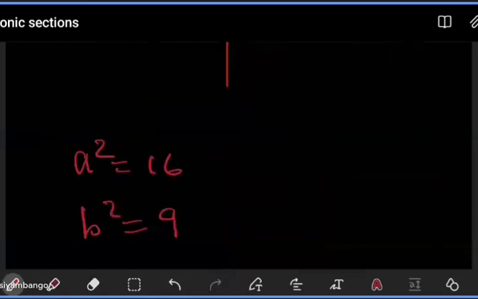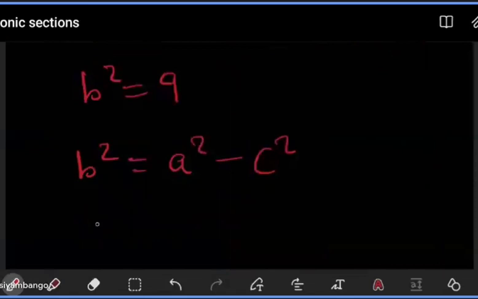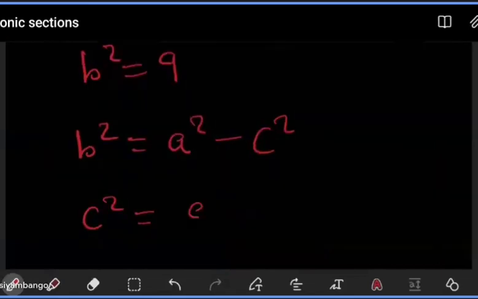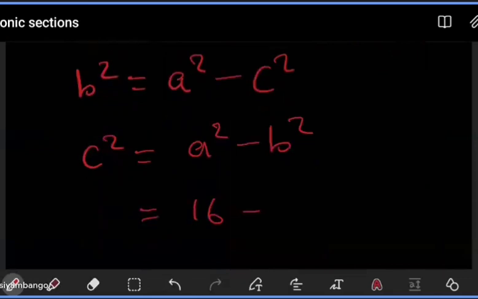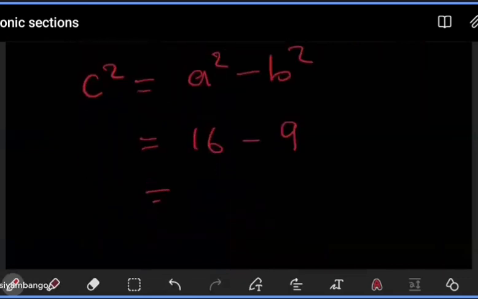Since b squared is equal to a squared minus c squared, we can easily find c squared by just saying a squared minus b squared. a squared is 16, b squared is 9, so the difference becomes, what's that?